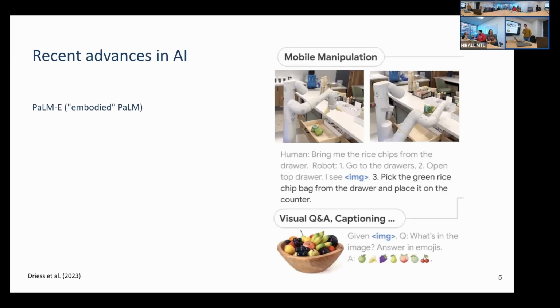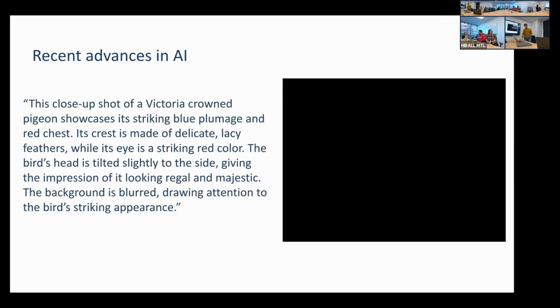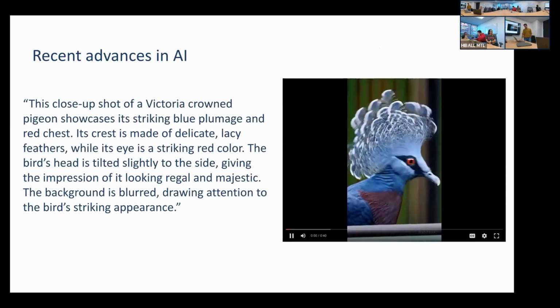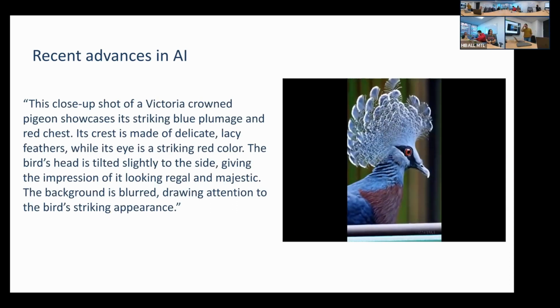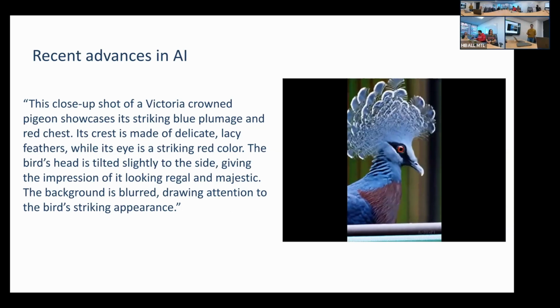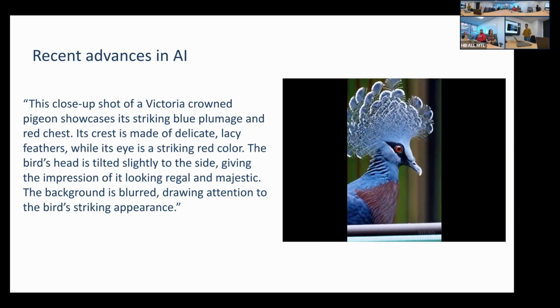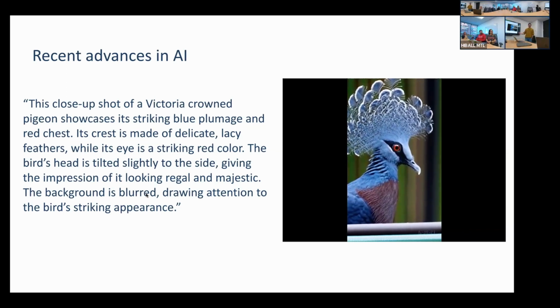Thanks to language models, we can ask robots to do very complicated tasks that we were not even imagining about 5, 6 years ago. And most recently, we have video models that are able to generate very naturalistic videos given a detailed description of what they want to see.